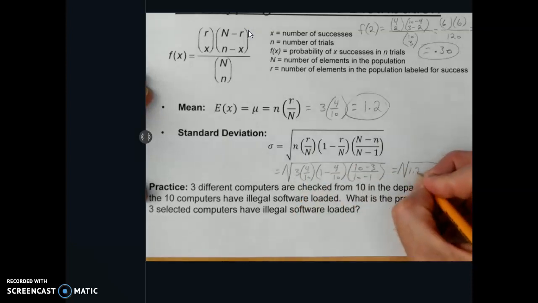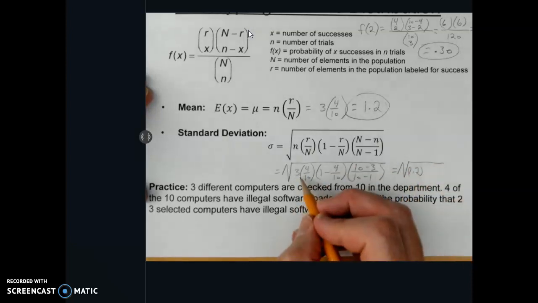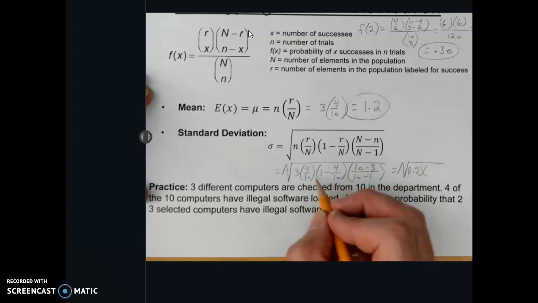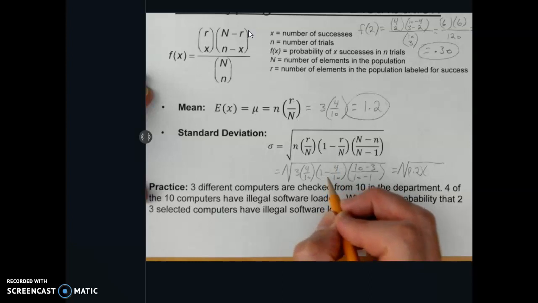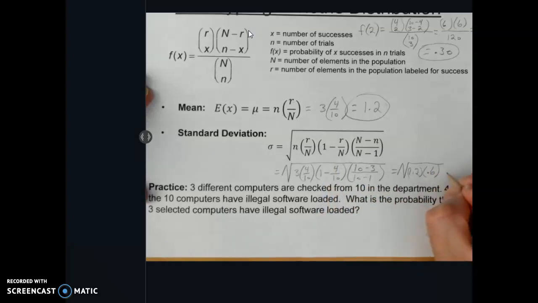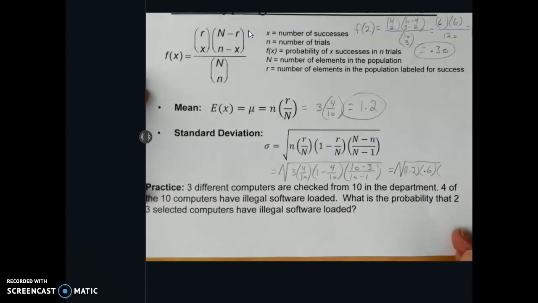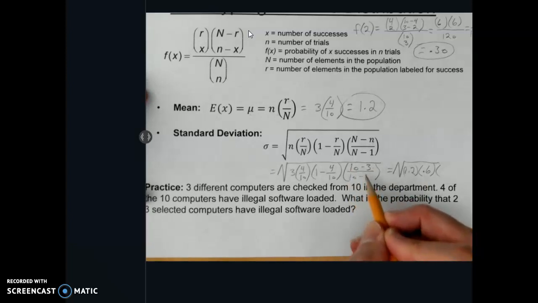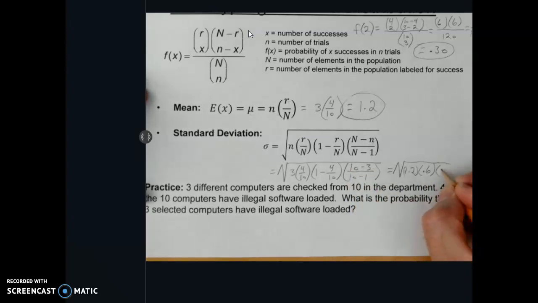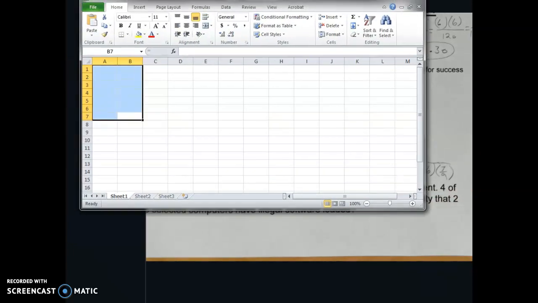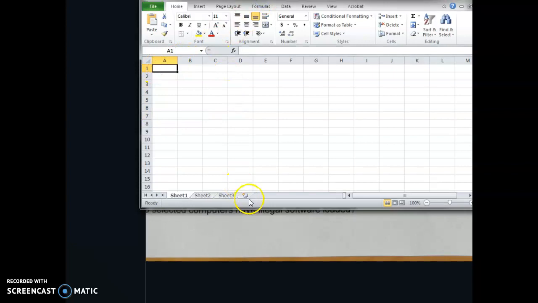If you do this correctly, you will get the square root of 1.2 times 1 minus 4/10, which is 1 minus 0.4, which is 0.6, times, looks like 7 over 9. So we're going to need to use a calculator for this. Sometimes you can do these in your head, but let's pull up Excel and use it as a calculator here.